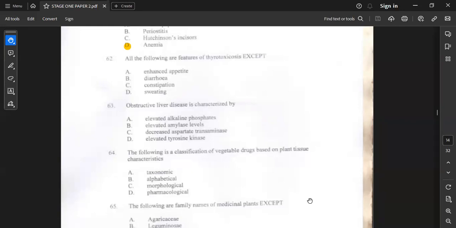Oh, okay, okay. So is everybody in agreement that C is the answer?